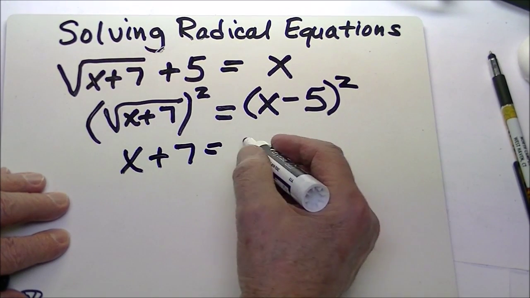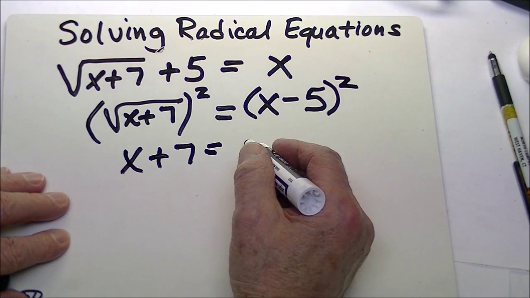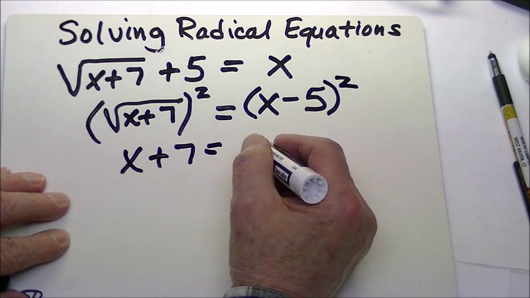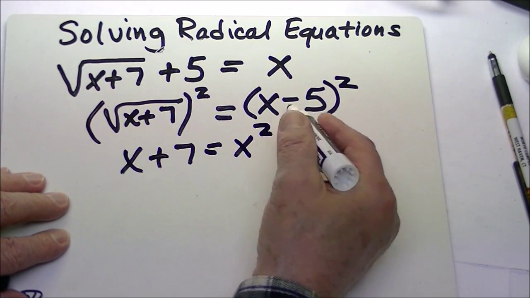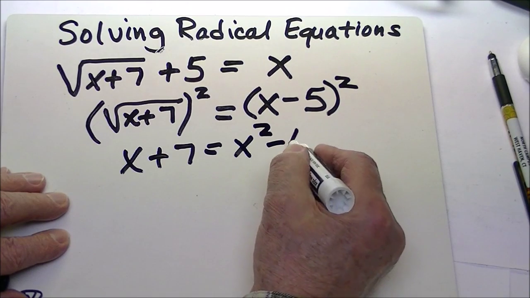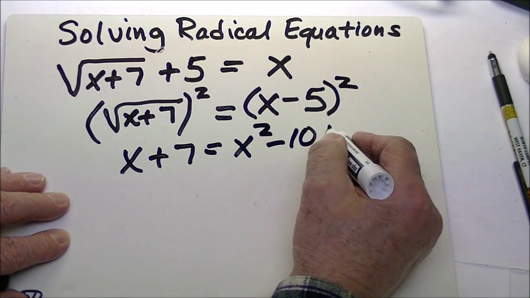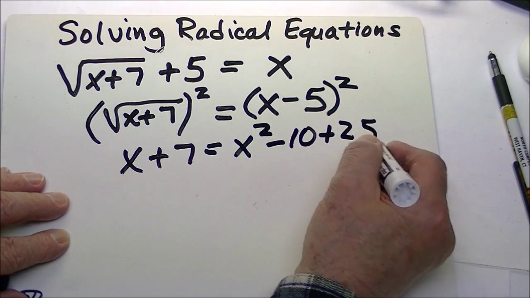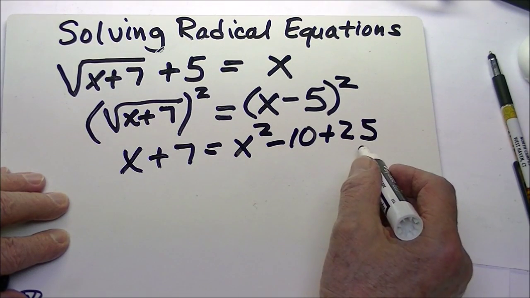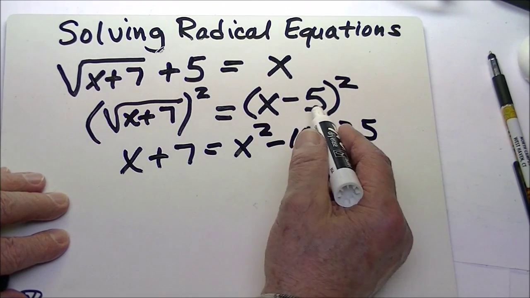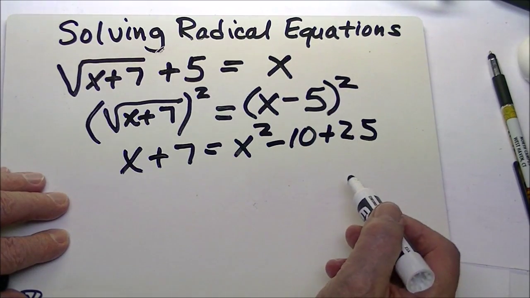And now we expand this. Double that, and square that. So this is now a perfect square trinomial that we've expanded, that binomial squared.